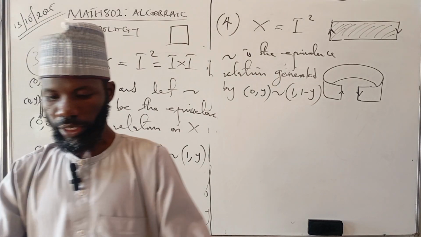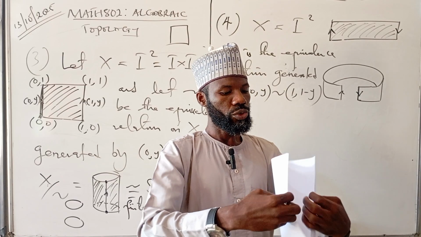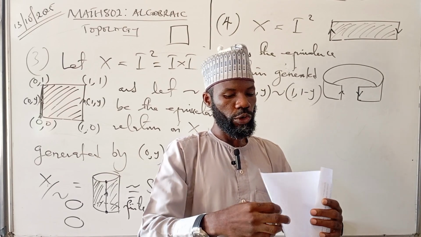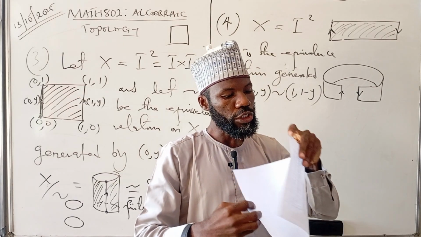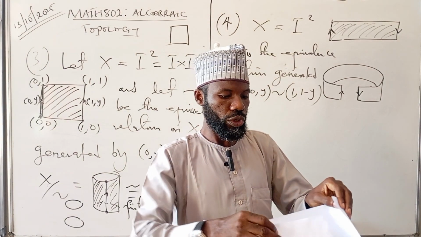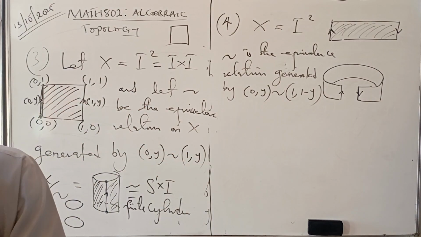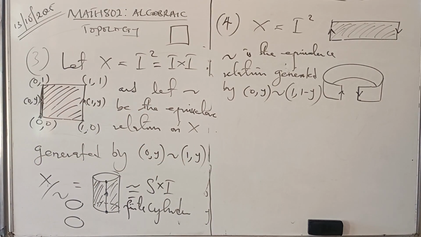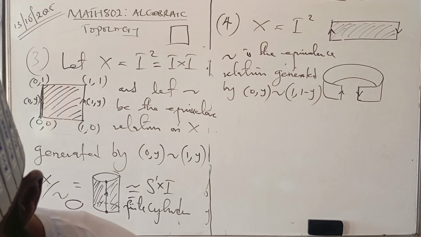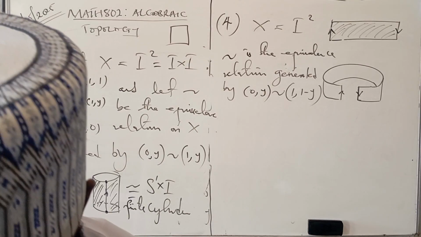So it's like you have this one, and then you fold it to glue. But before you glue it, you want this edge to come to be glued with the other edge. So what you will do is to fold it. Let me cut this paper so that I can show you what I mean.